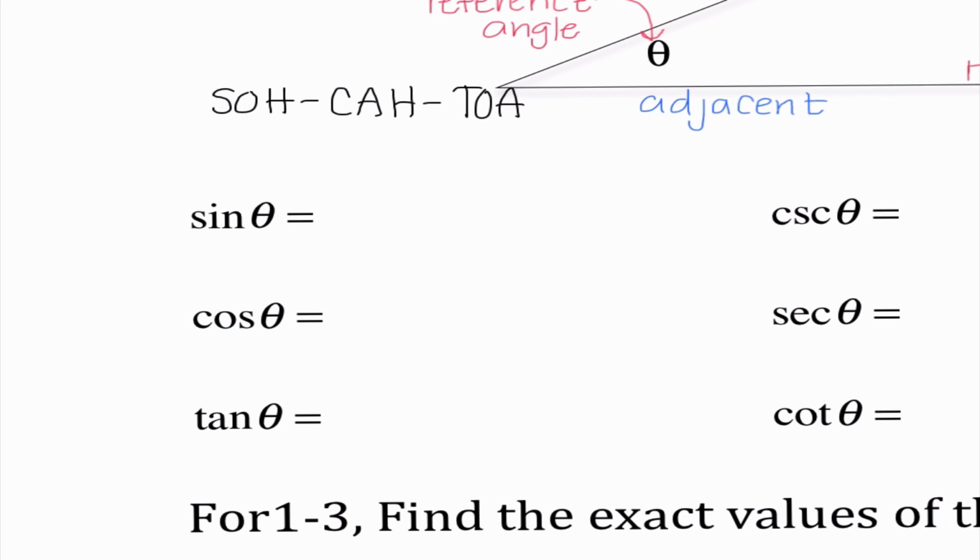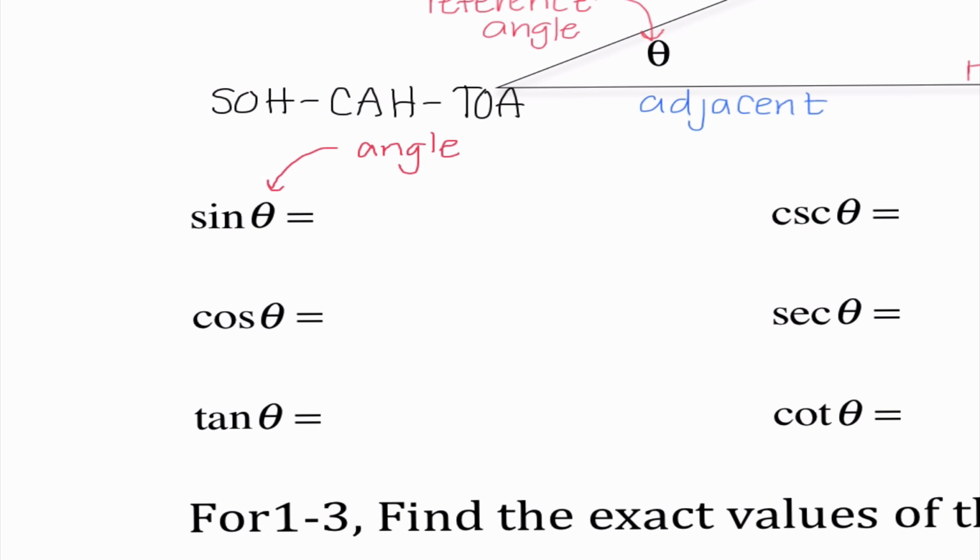And before we even get to that, I just want to point out right here that we have our angle. The reason why this is important is because it is impossible for us to have a trig function without having an angle. So I should never ever see anyone just write sin or cos. We always need to have an angle afterwards.